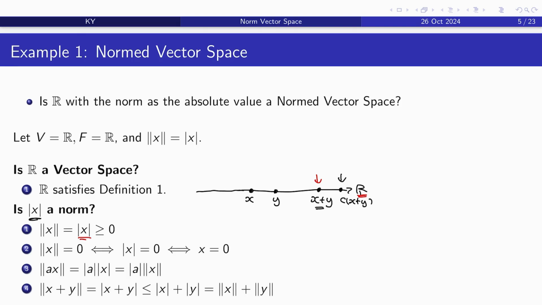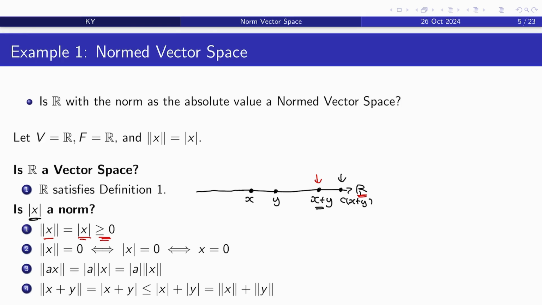If it's positive, you just leave it as it is, and if you have a negative value inside the absolute value, then you just multiply by -1. So in both cases, we get greater than or equal to 0, which satisfies our first condition.